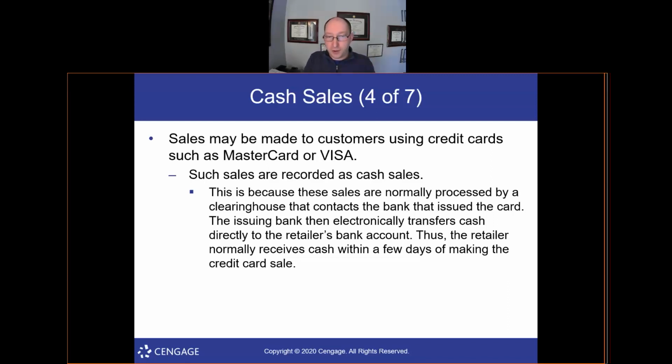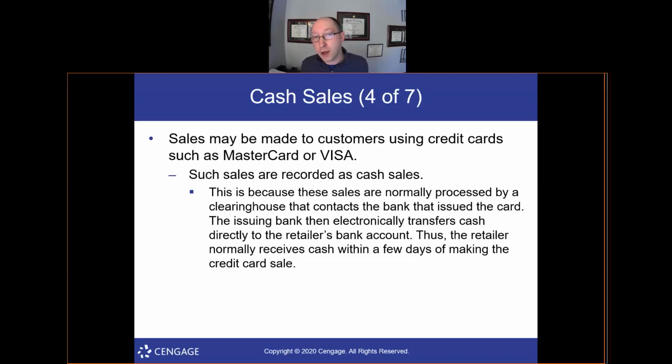There's a very small difference. When a customer swipes their card, you have to pay a transaction fee. Not the customer, the business has to pay a transaction fee, through a clearinghouse. It's a processing fee, a clearinghouse fee, a bank fee. Come on, you already know the bank's got to make some money.